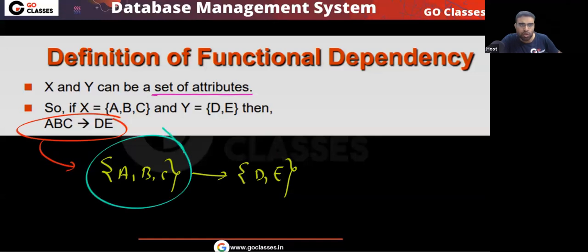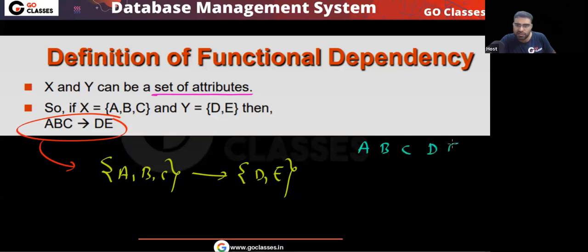That whenever this combination ABC is same, for example, 1 2 1, 1 2 1, then remember this DE combination also must be same. Is this clear? Very simple point.